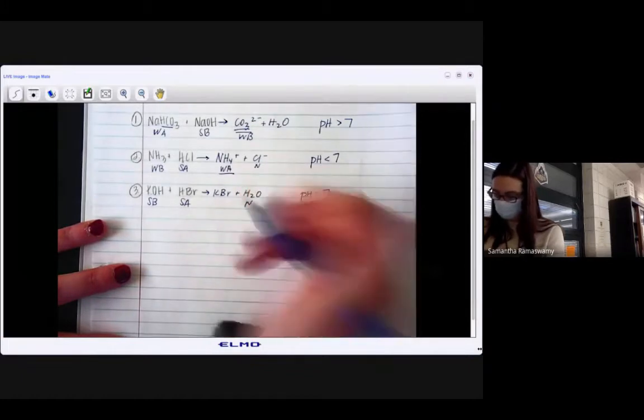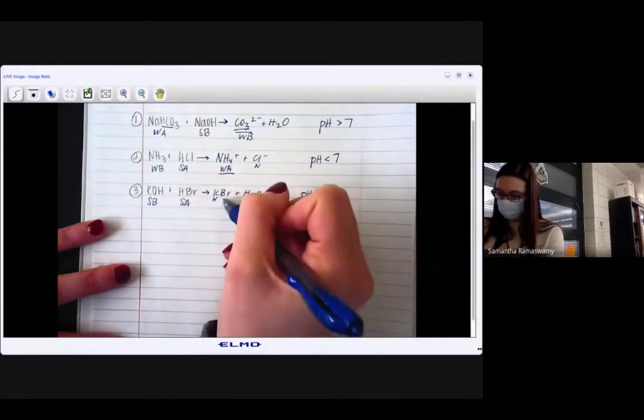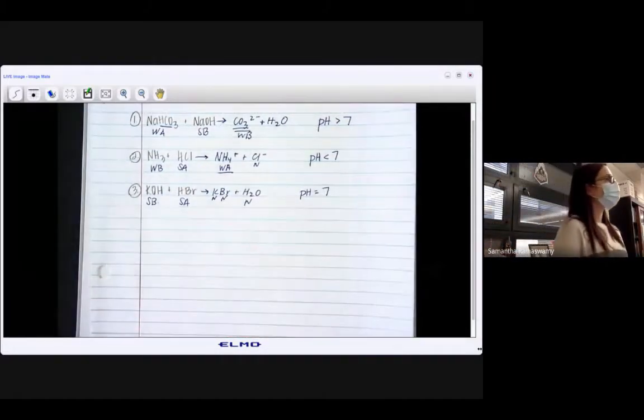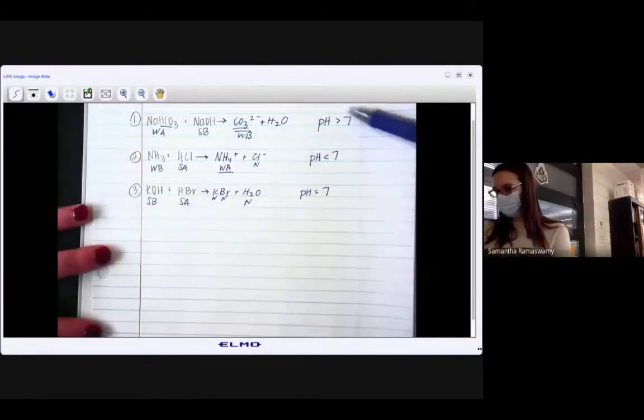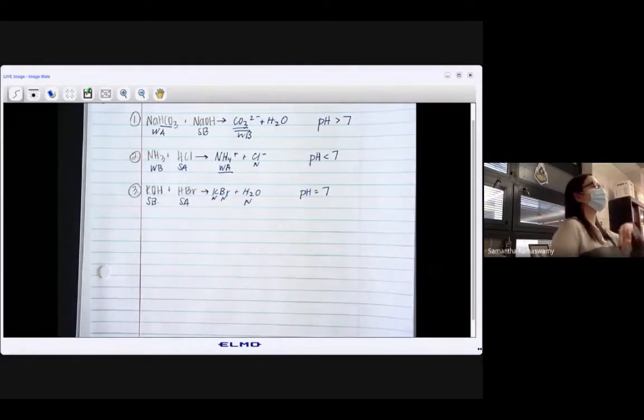Water's neutral. K plus is neutral because it comes from a strong base. Br minus is neutral because it comes from a strong acid. So since the salt is neutral, the pH is 7. So the do now really just wanted this, right? Where's the pH range? But it's important to remember that the salt is what determines the pH.